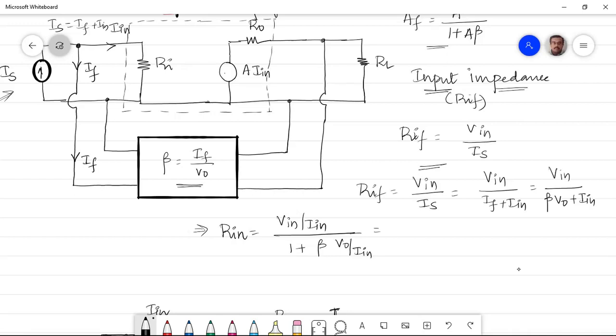So what is Vn by In? Vn divided by In is nothing but Rn, or Ri. It is this value. So I can write this as Ri divided by 1 plus, what is V0 by In? V0 by In is nothing but the gain of the amplifier, because what kind of amplifier is this?